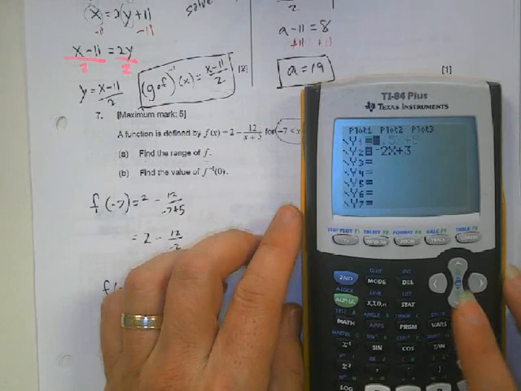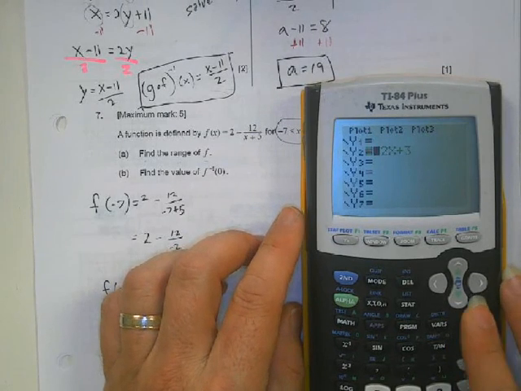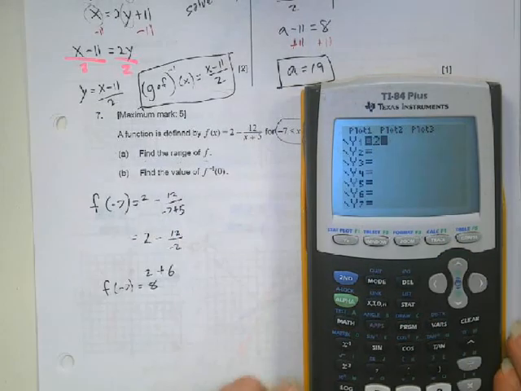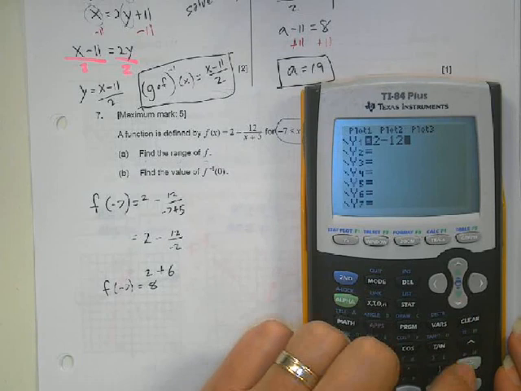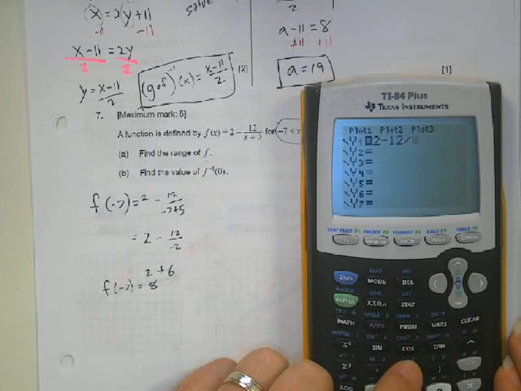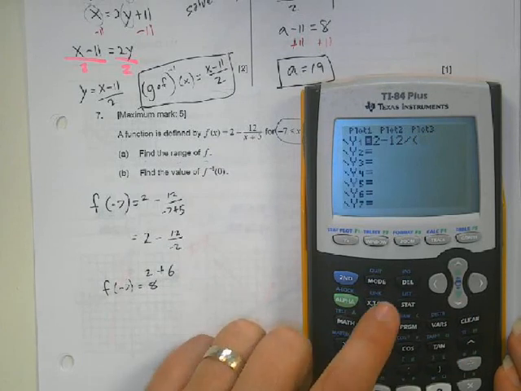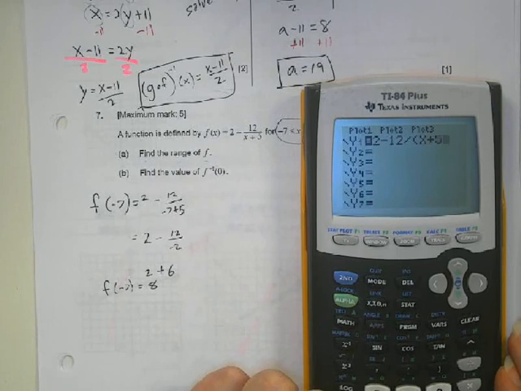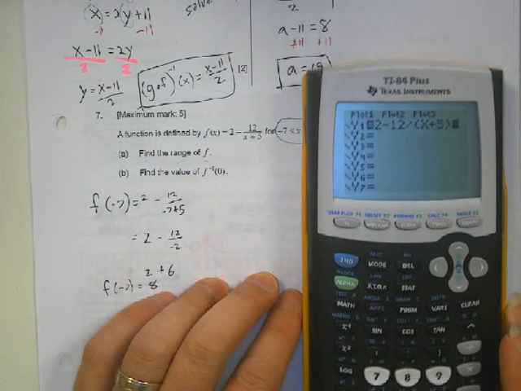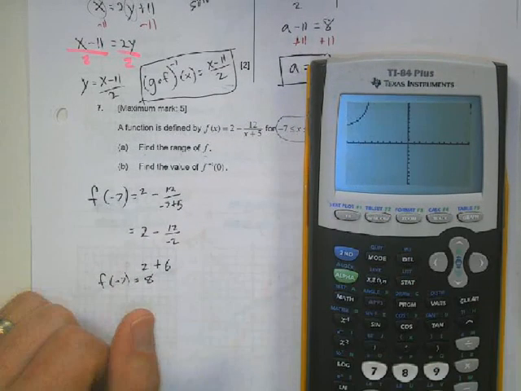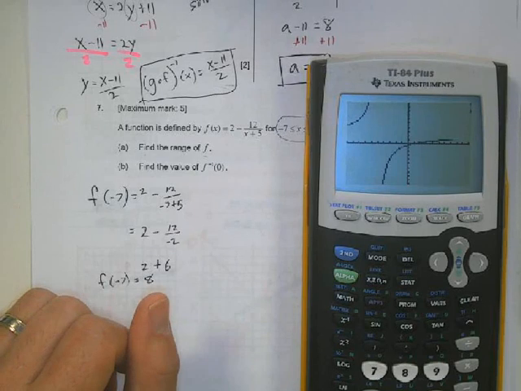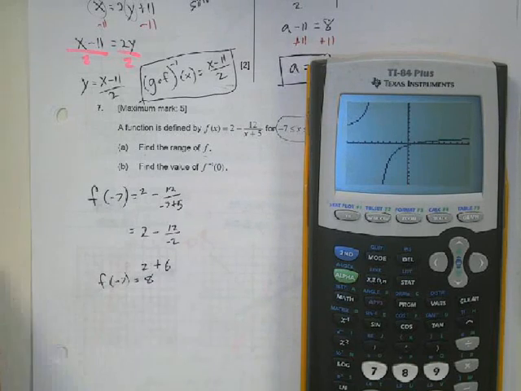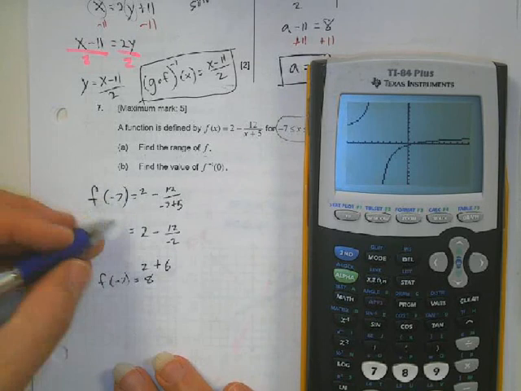Okay. 2 minus 12 divided by parentheses x plus 5, close parentheses. And if I graph that, okay, so for A, forget about what you just did here.